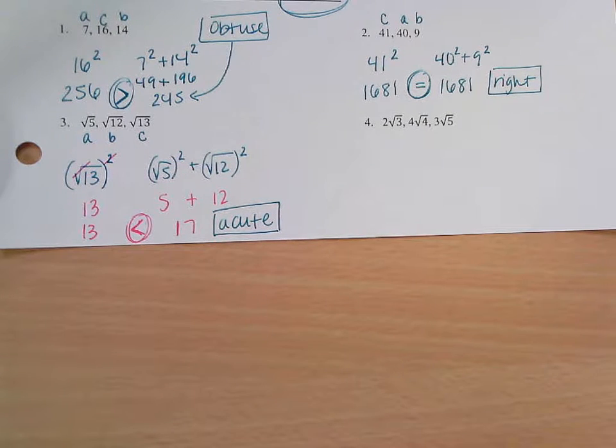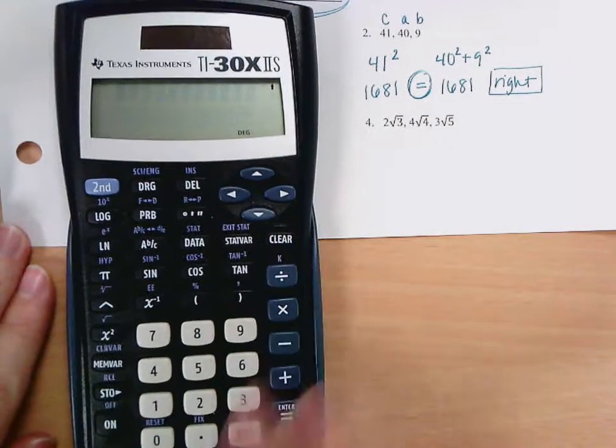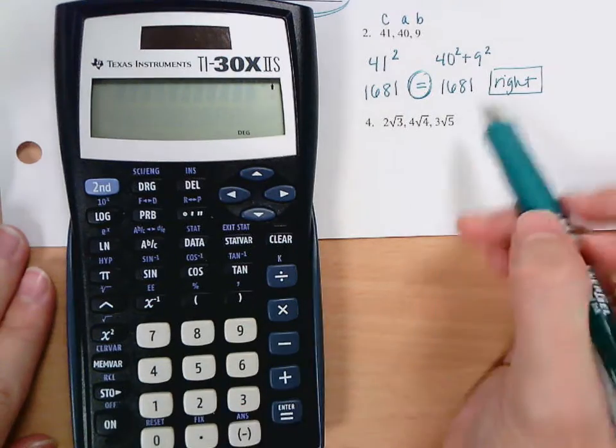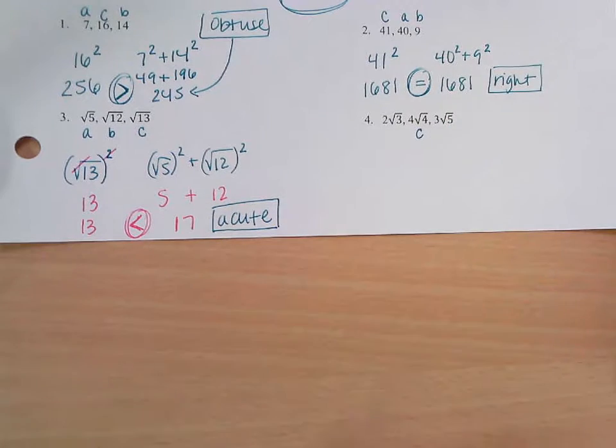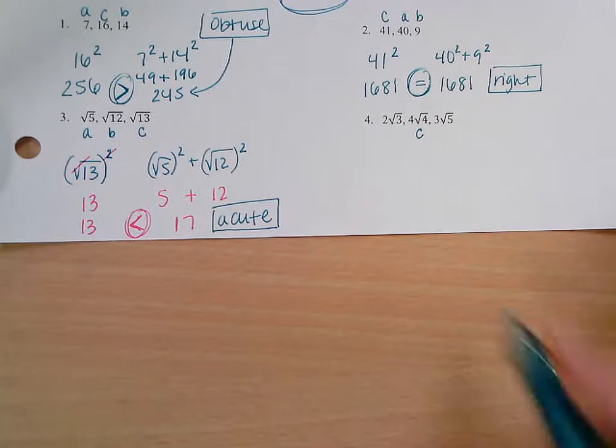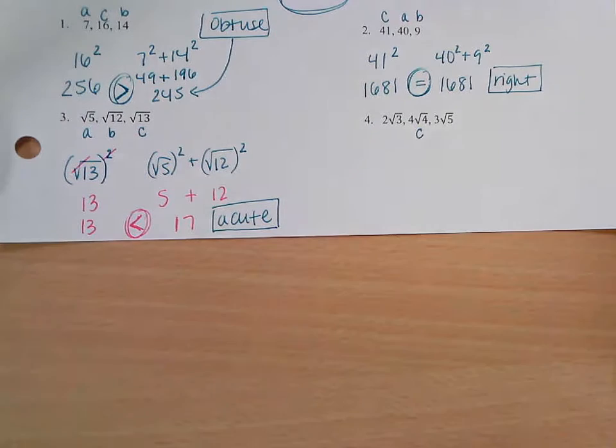So don't write down and change them to decimals, but you might need to type them in to see which one is the largest. The 4 square root 4 is the biggest. Like I said, if you want to make a note to yourself, it's okay to type them in a calculator to see which one is the biggest first, but don't change them to a decimal.